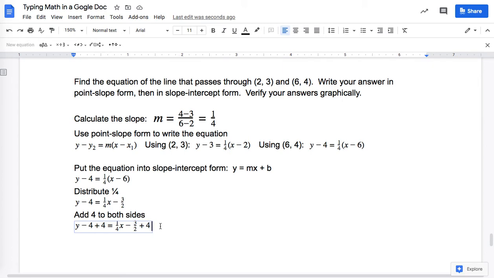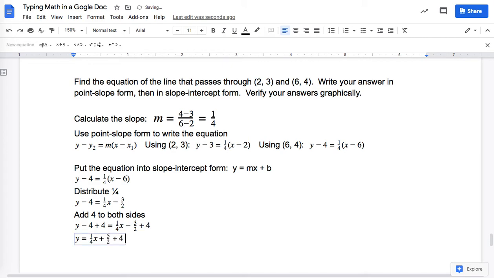When we simplify this, on the left side, -4 plus 4 is just going to leave y all by itself on that side. When we add these two things together, we're going to have -3/2 plus 8/2, which is going to leave us with positive 5/2. So I'm going to change this to a plus, and then that's going to be 5/2.